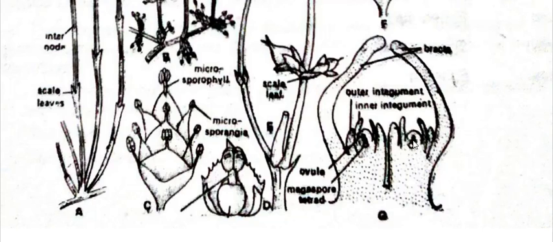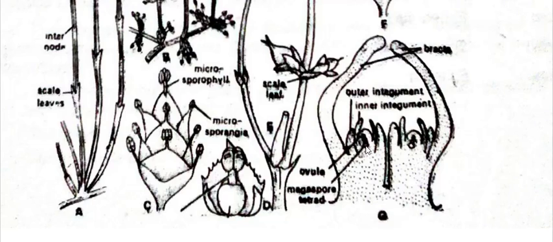Out of these four megaspores, the upper three usually degenerate, and the lowest one survives and becomes the functional megaspore, and this functional megaspore will produce the female gametophyte.